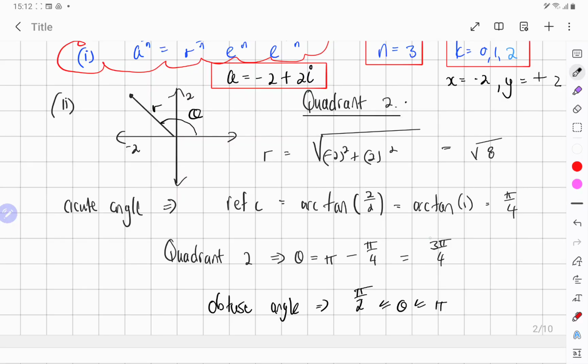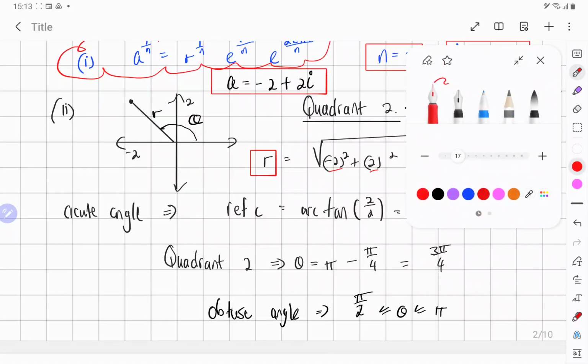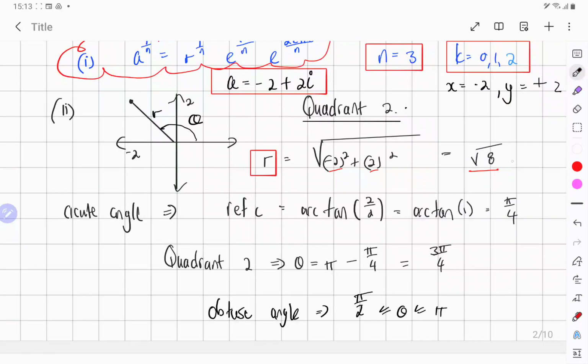So let's recap. To find my modulus r, I will just say real part squared plus imaginary part squared, and I get root 8. Just recall what I said in the first video, we do not have to write it as 2 root 2 because we're in any case going to simplify later.